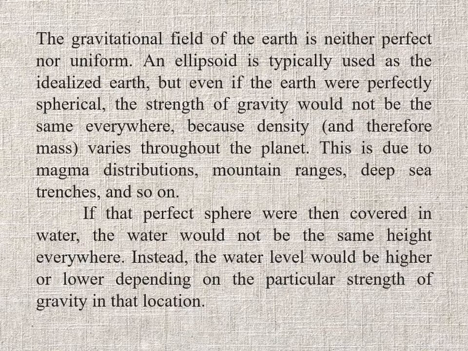So if the perfect sphere were covered by water, the water would not be the same height everywhere. Instead, the water level would be higher or lower depending on the particular strength of gravity in that location.